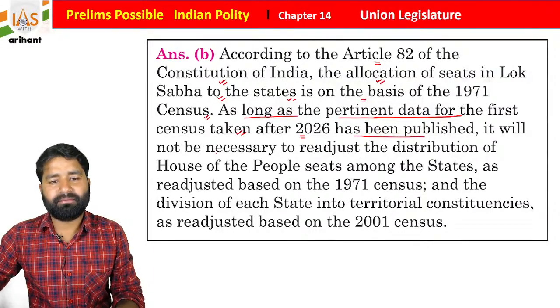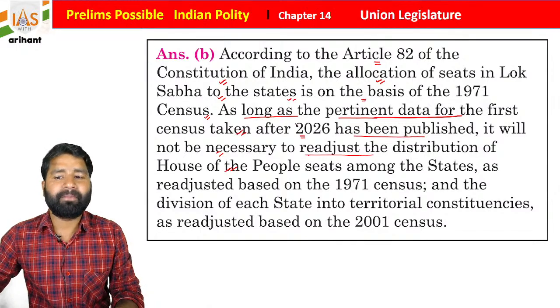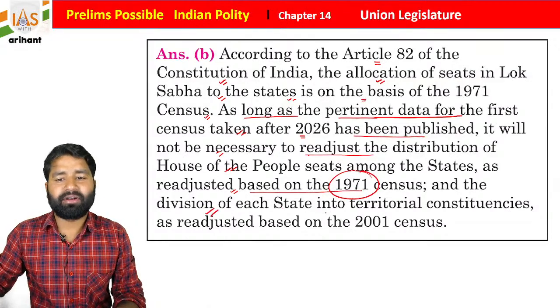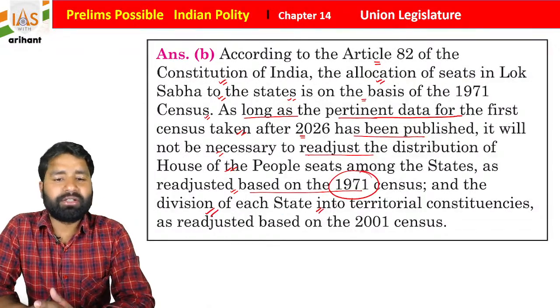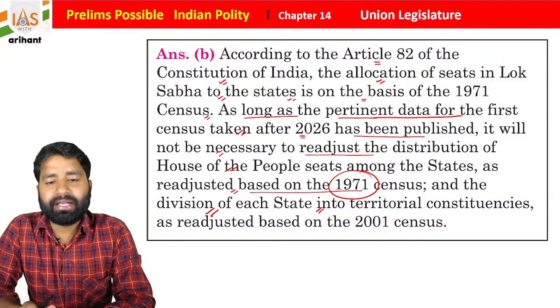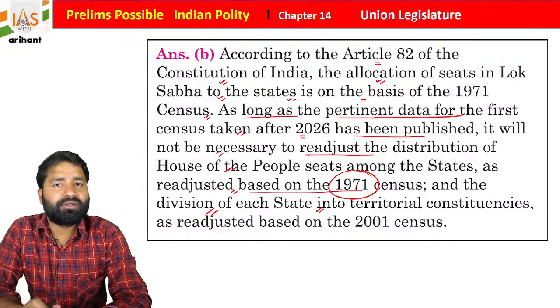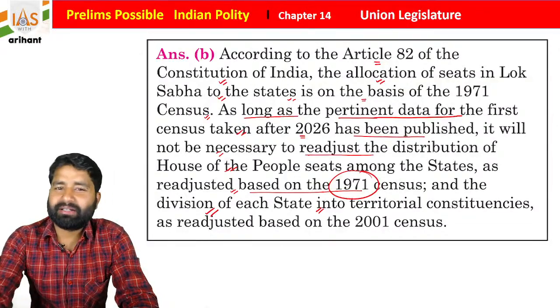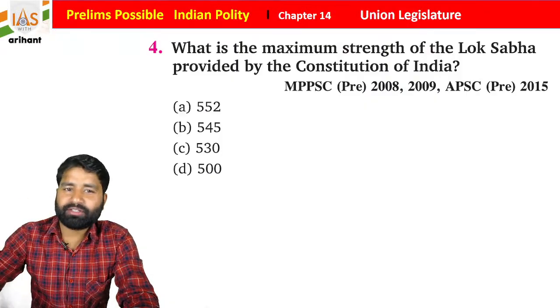It will not be necessary to readjust the distribution of House of People seats among the states, as it was readjusted based on the 1971 census, and the division of each state into territorial constituencies was readjusted based on the 2001 census, students. Getting it? So this data we already discussed. Now see the next question.